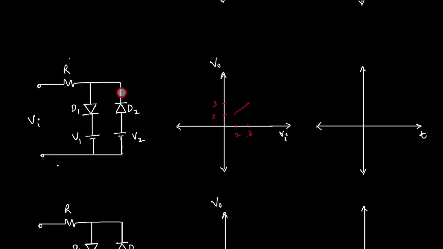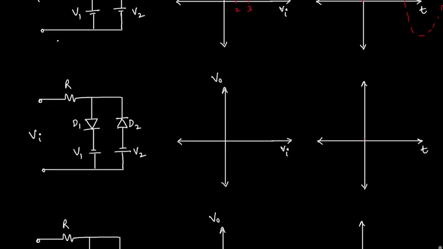Above this point, the slope is there. Okay, so this is the input. So the output will be 2 to 3. Clear? Now similarly, I'll leave it to you, but nevertheless I'm drawing it.